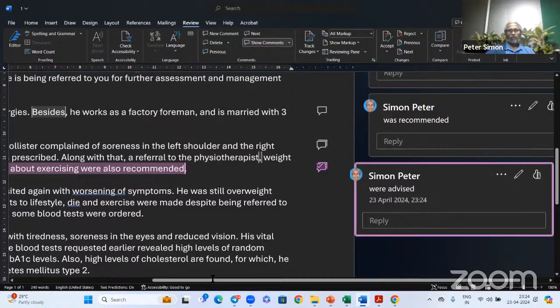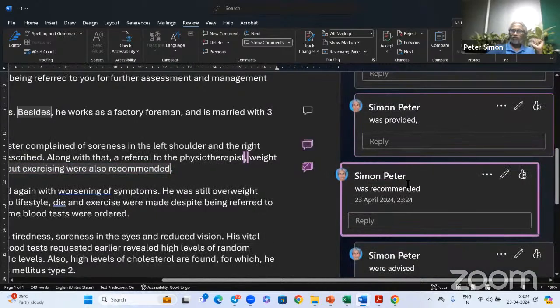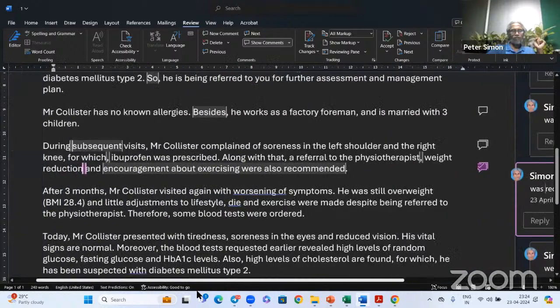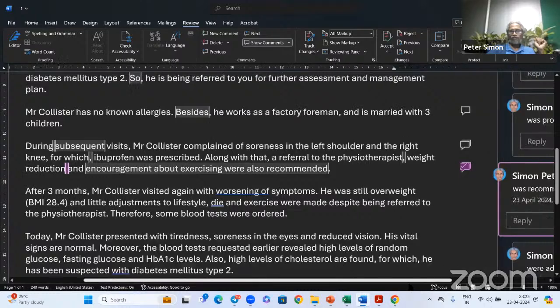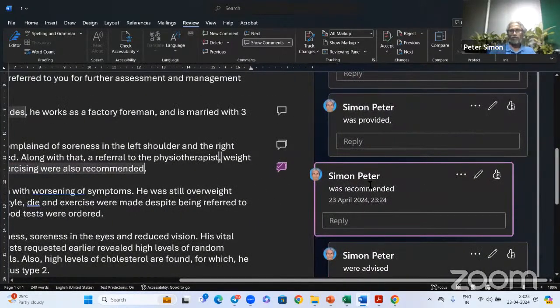So exercises were advised or suggested or recommended. You can alter here and here, no problem. Okay. Weight reduction was suggested. You can say here suggested.